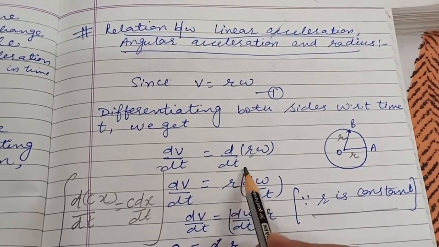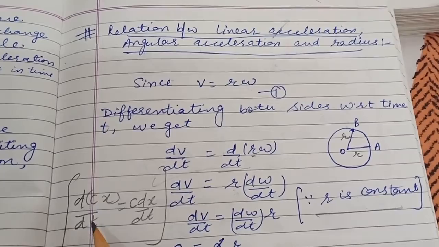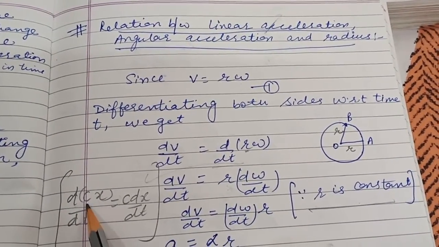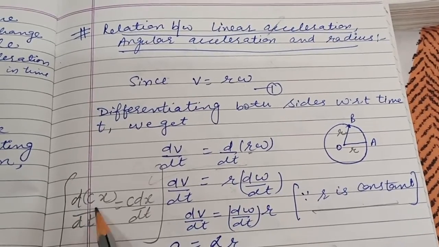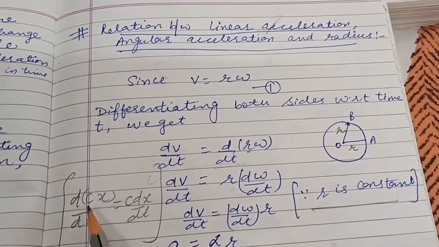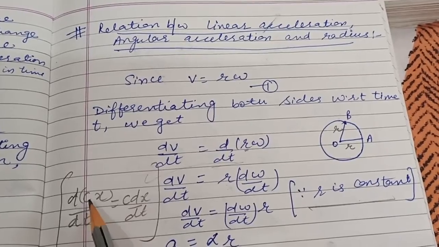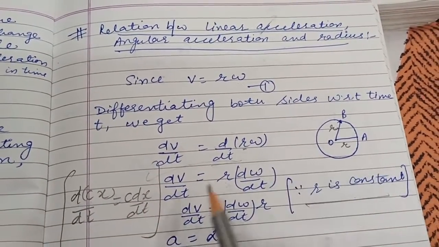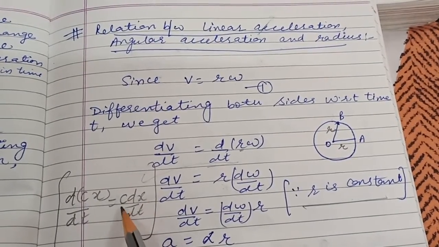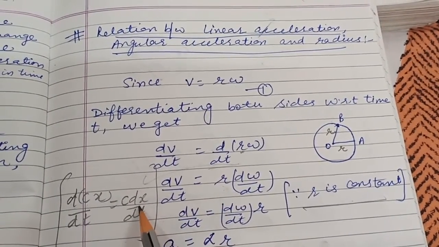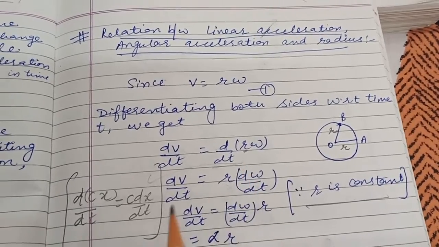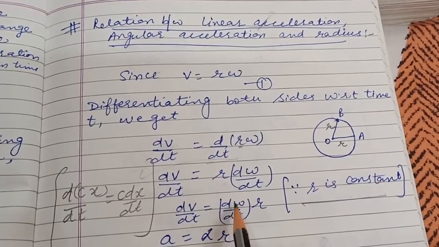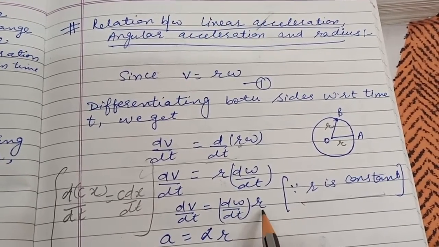So here we use this differentiation formula, that the derivative of c into x, here c represents a constant, upon dt. Clear? If c is constant, we can take c out of this differentiation, so we get c dx upon dt. Here in place of c we have r, and in place of x we have omega. Clear? So we get dv upon dt is equal to d omega upon dt within bracket into r.